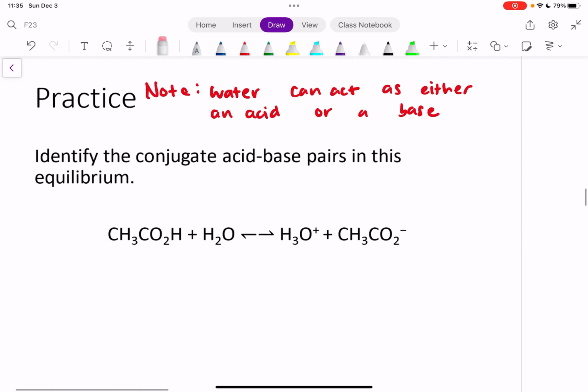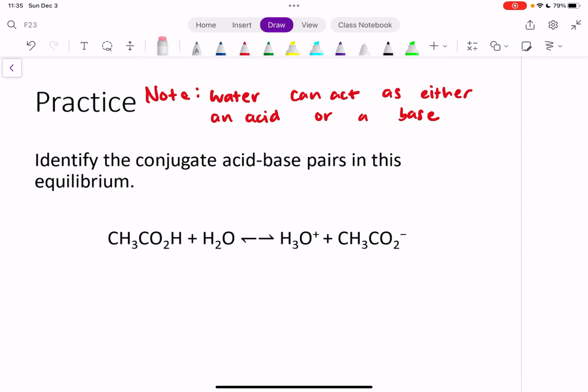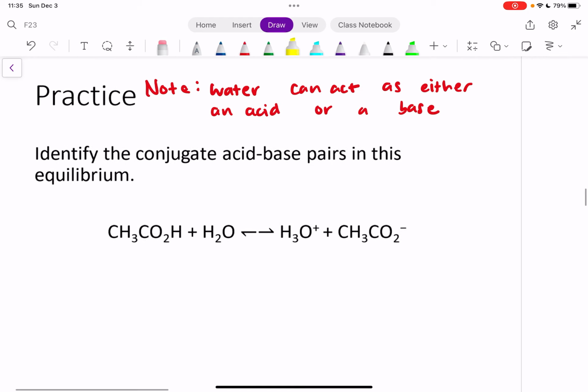But water can also accept a proton. We've seen that happen. And when it accepts a proton, it becomes hydronium. So in this case, if water went from H2O to H3O plus, it had to have accepted a hydrogen. And then you'll notice that this whole thing here goes from CH3CO2H to just CH3CO2 minus.